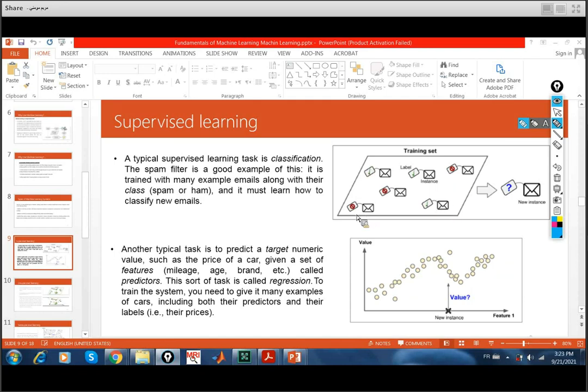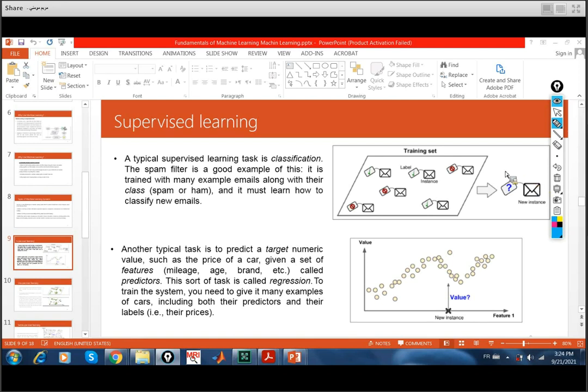Then, using these labels, the algorithm learns and trains what is spam and what is not spam. After that, in the test, we feed a new email and ask the algorithm, according to your training, to evaluate this email.